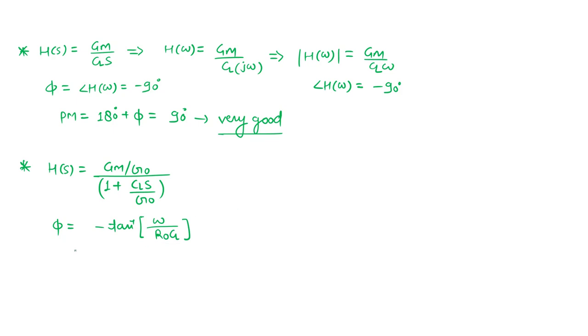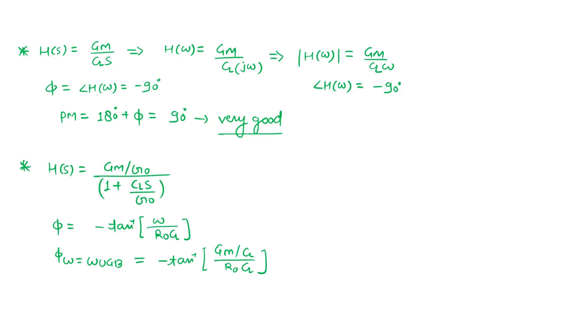What we actually want is the phase at omega equal to omega UGB. So it will be minus tan inverse. What is the omega UGB? Omega UGB is GM by CL, and what is your R naught CL?